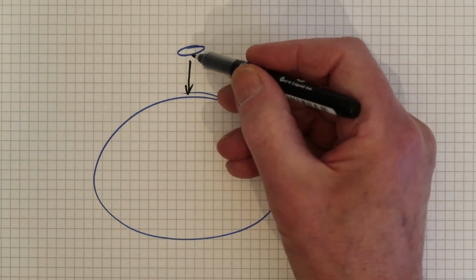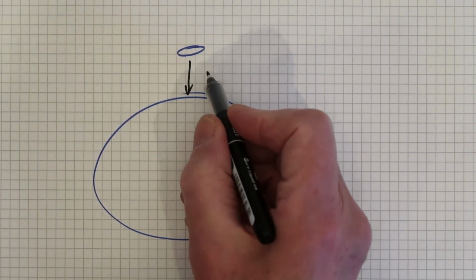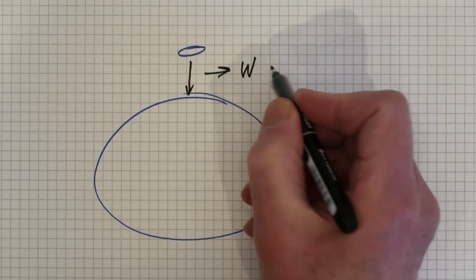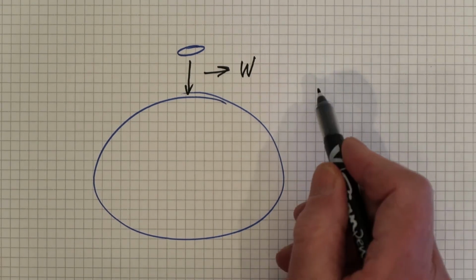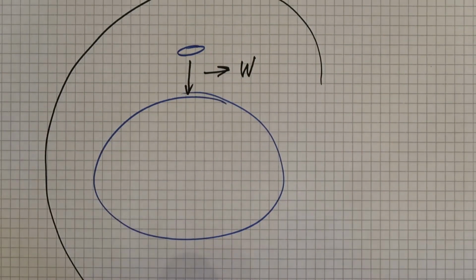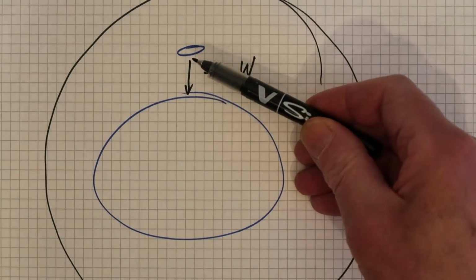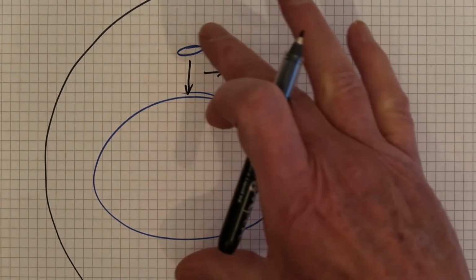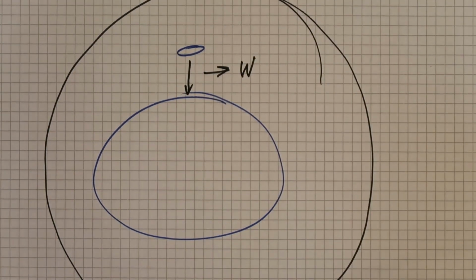If we let the object go, it will fall down. Energy will be released. And this means that the total energy of the system, the Earth together with the object, will be smaller than when the object was up here.